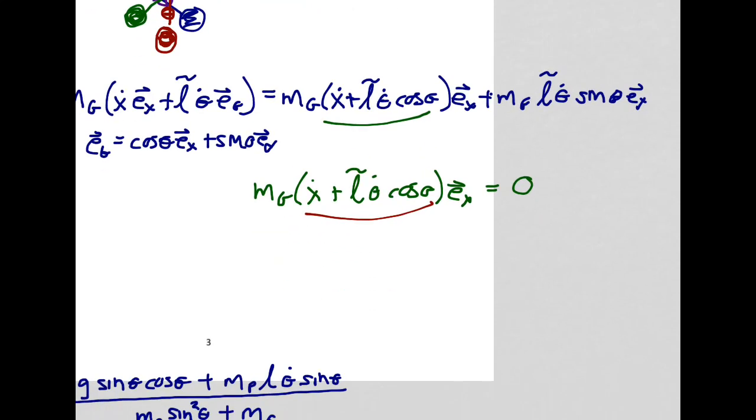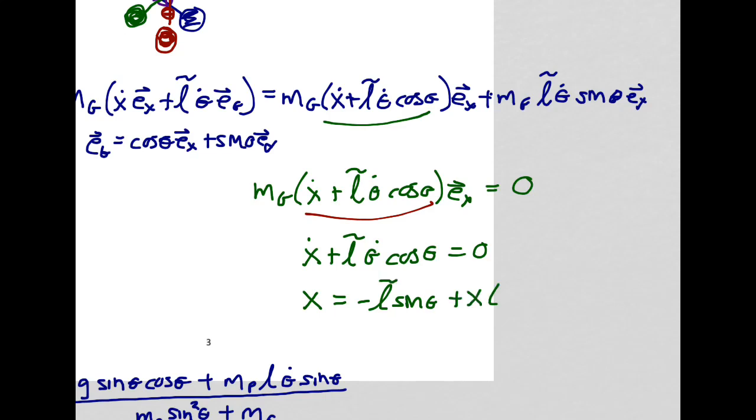So we get that x dot plus L hat theta dot cosine theta is equal to 0. If we integrate this expression, we get a nice simple expression where x is equal to negative L hat sine theta plus our initial position x naught, x at time 0.